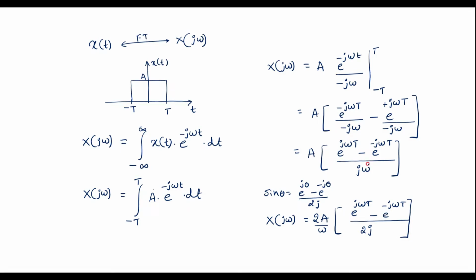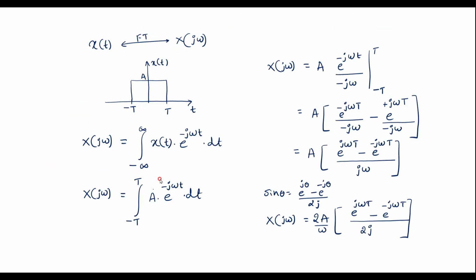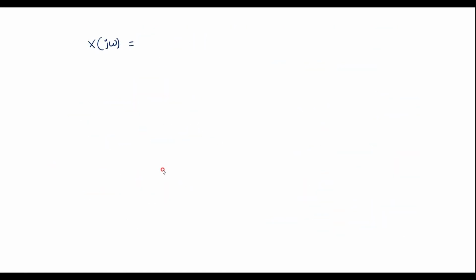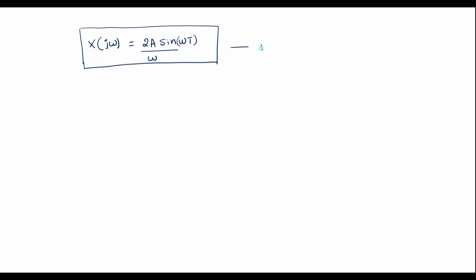So this is same as this one, therefore I can represent it as x of j omega is equal to 2A by omega, and here we have sin omega T. So thus this is the Fourier transform of the given signal x of t. We'll call it equation 1.